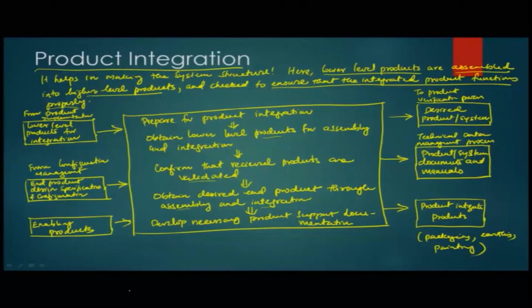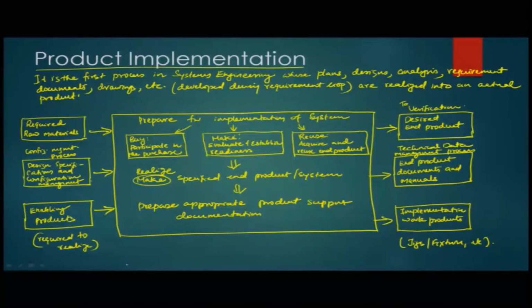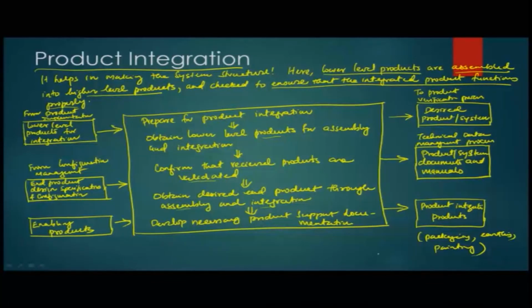So again, if you look at the previous slide, which was the product implementation and the product integration part that we talked about, the input from the product implementation feeds into the product integration process, and you have sub-assemblies. You ensure that all these sub-assemblies or lower level products are validated, and then you assemble and integrate them to obtain the desired end product, and then you also make the necessary documentation.